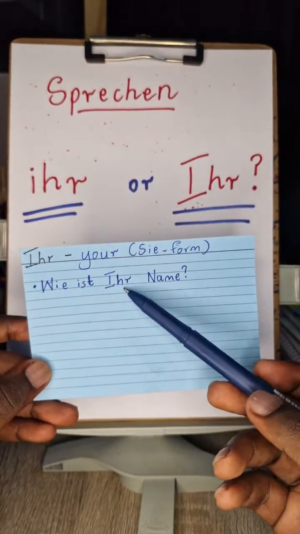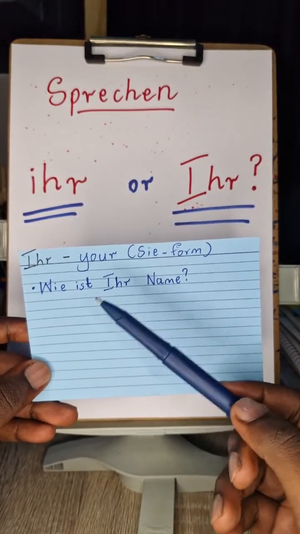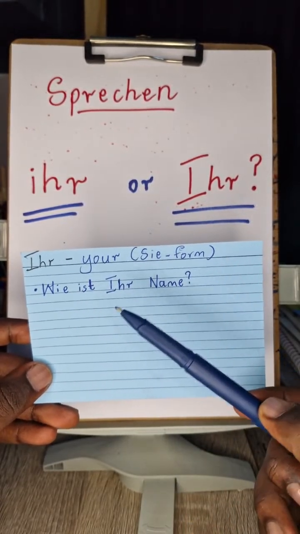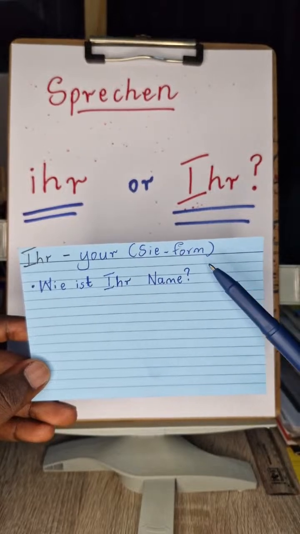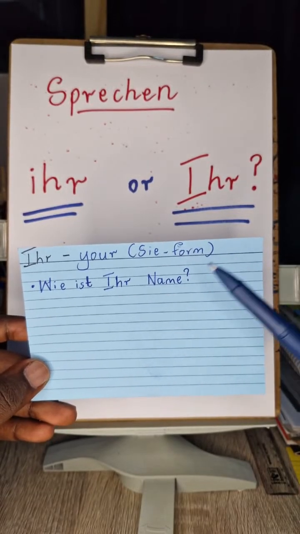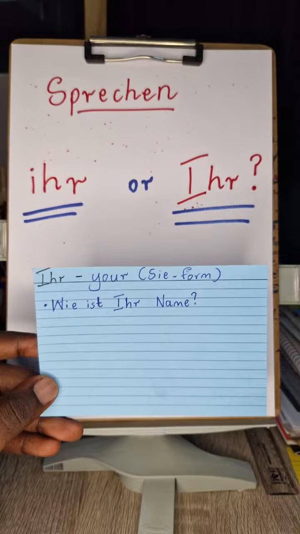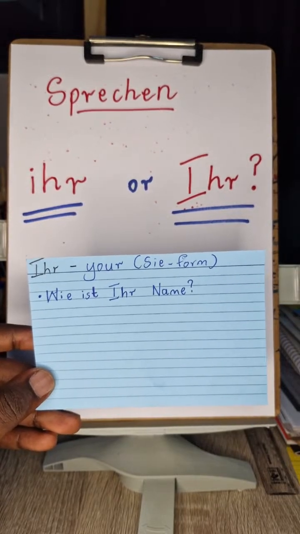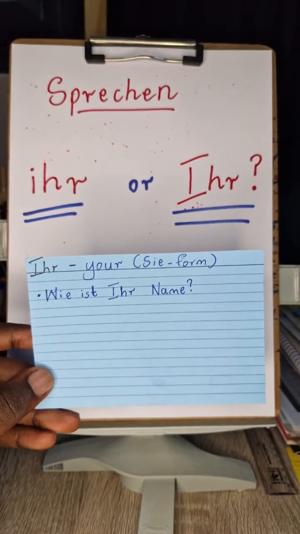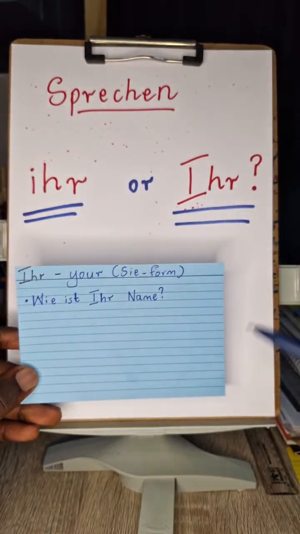Look at that, capital I. It doesn't mean how is your name. It now means what is your name. If you respond, you'd say, mein Name ist, and then you proceed to say your name.